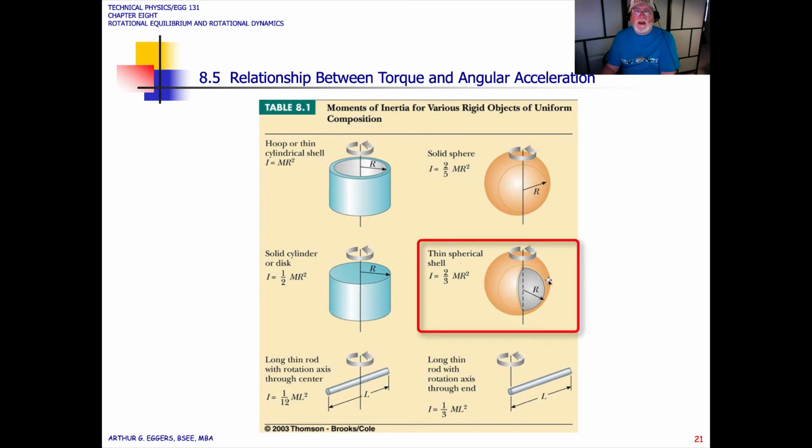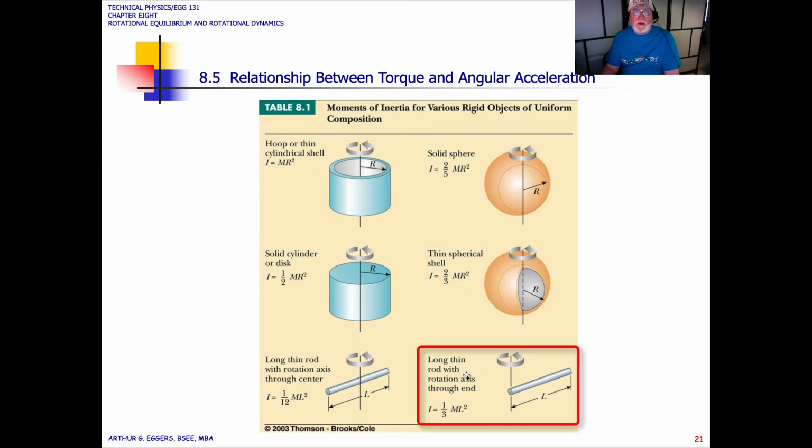If we have a hollow sphere, a thin spherical shell, I is equal to 2/3 the mass times the radius squared. And if we change the pivot point on the long, thin rod, making the axis of rotation through one end, it's equal to 1/3 the mass times the length squared.